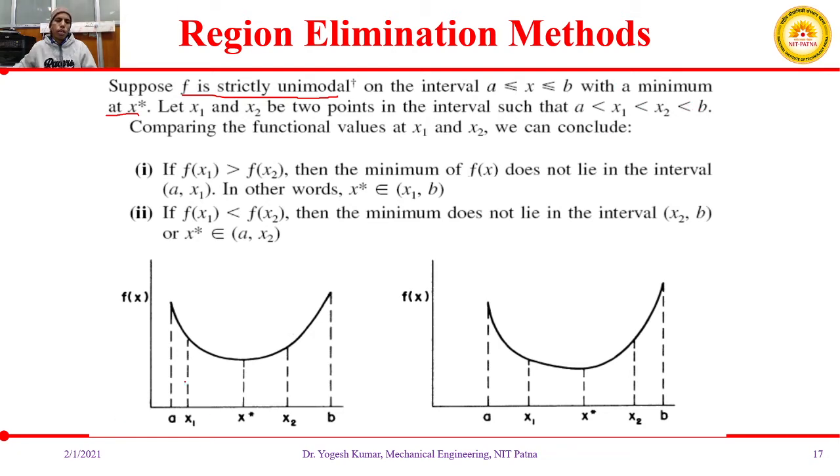Okay, so here let us try to understand by using this graph. We have a function f(x), and here what is the situation? a is less than x1, x1 is less than x star, and x1 is less than x2, and x2 is less than b.